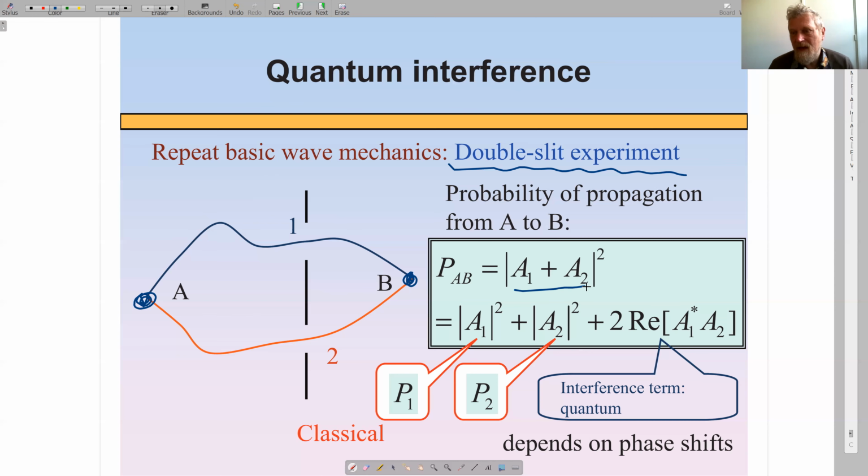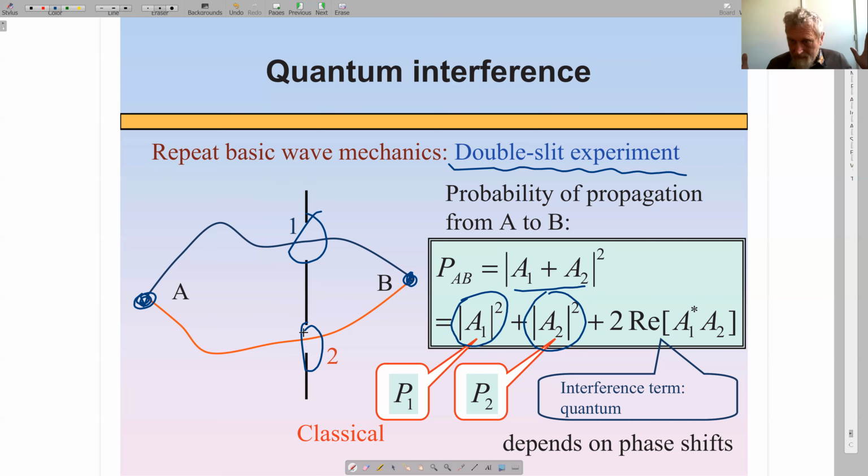And then the experiment is in fact expanding the square. If we expand the square, we find the squares of the amplitudes first, and they are associated, as we can see from this expression, just with probabilities to go either through the first slit or through the second slit.